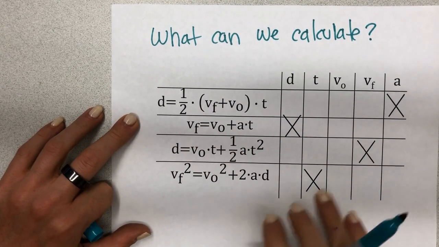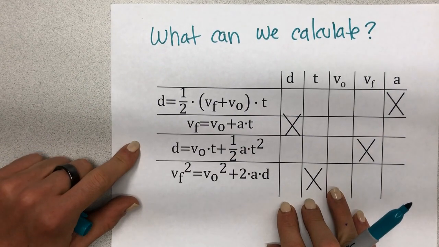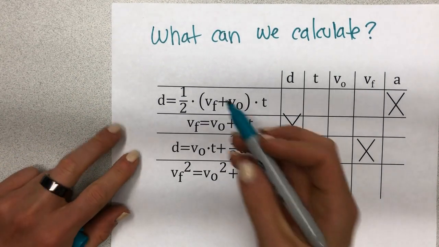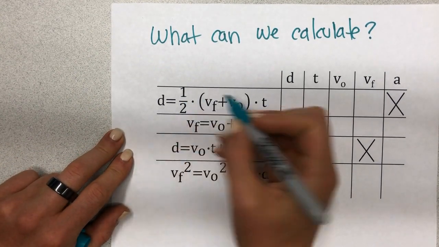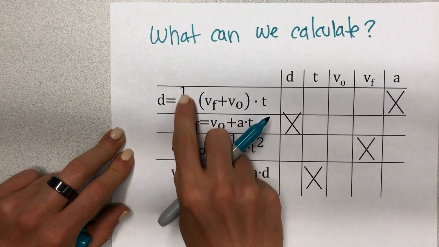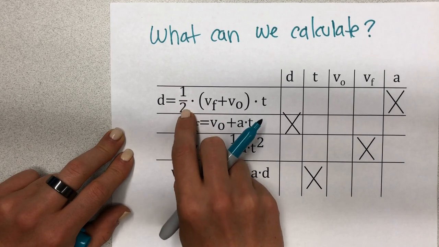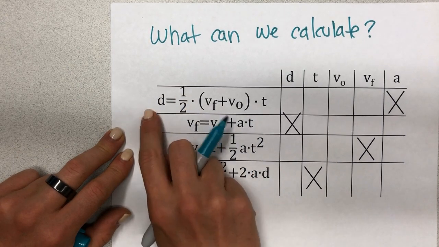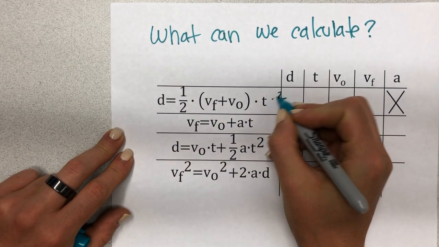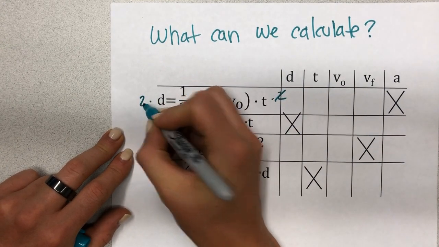All right, now that you've paused the video and done that, I'm going to go ahead and show you how I would solve for it. Because I've got 1/2 on this side, I would multiply by 2 to get rid of it. Whatever I do on this side, I have to do on the other side. So if I multiply by 2 to cancel these, then I also multiply by 2 here.